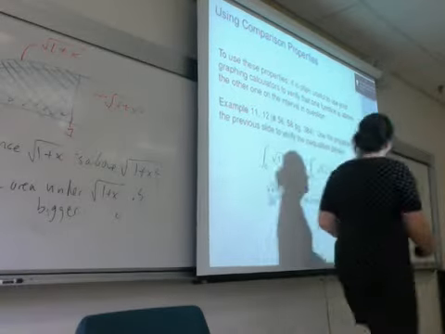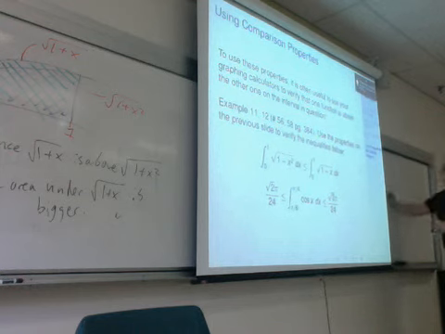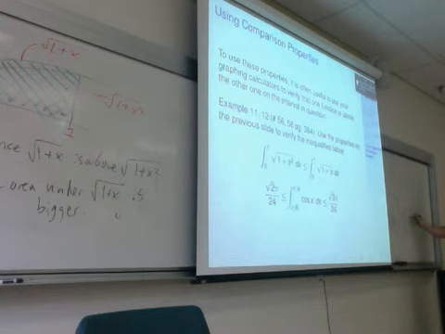This last one is a little bit harder, but it uses the same principle. Here I want you to sketch the graph of cosine x. The graph of cosine x looks like that. Pi over 6 and pi over 4 are here.